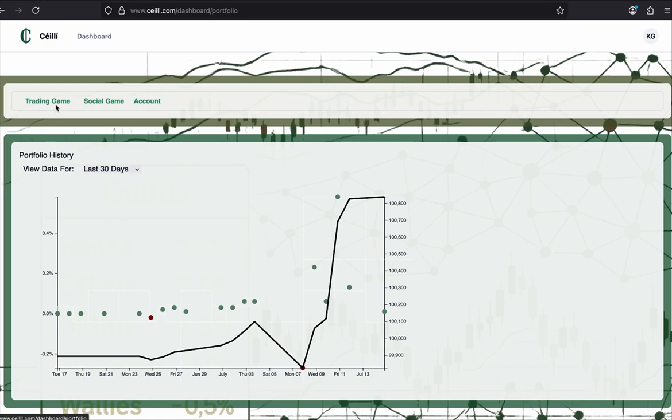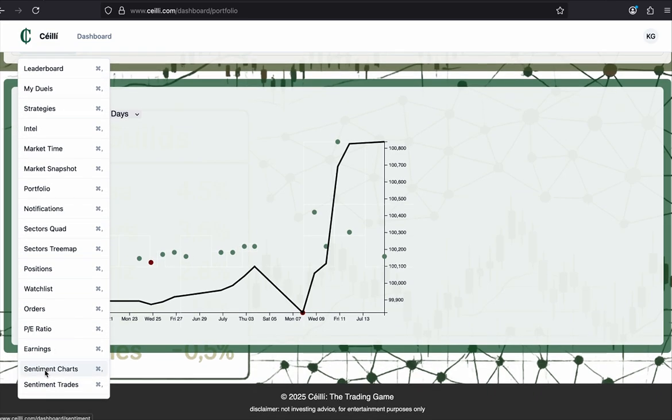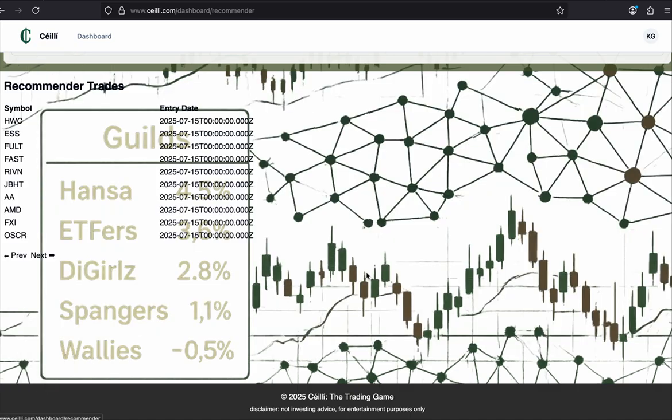To see how sentiment works, we can first go to sentiment trades. What this interface shows is the latest stock recommendations based on sentiment. This is for July 15th of 2025, and these stocks, according to my trading algorithm, which uses sentiment, are suggested as buys.